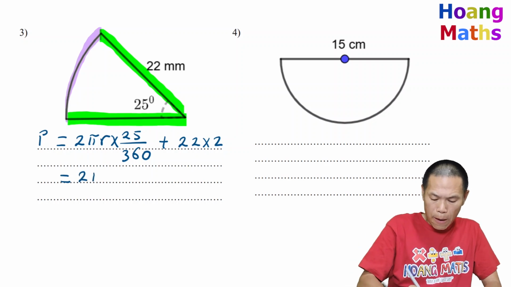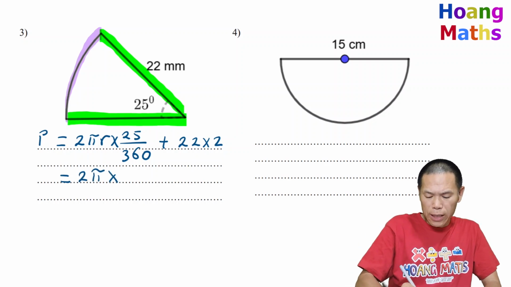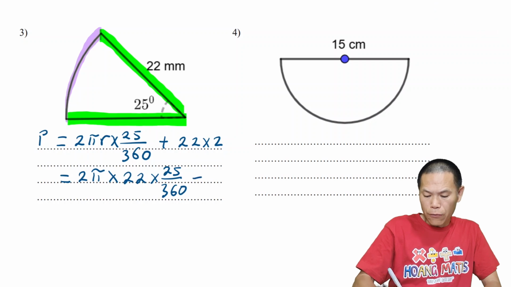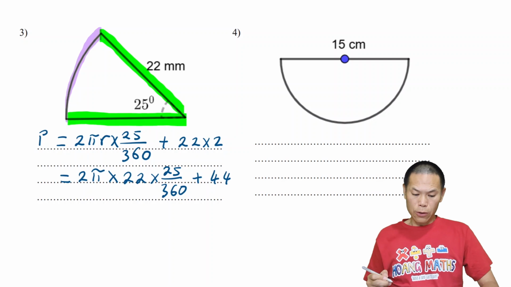So 2 pi times the radius, that is 22, times 25 degrees out of 360 degrees. Then don't forget, we need to add 44. So there you go.